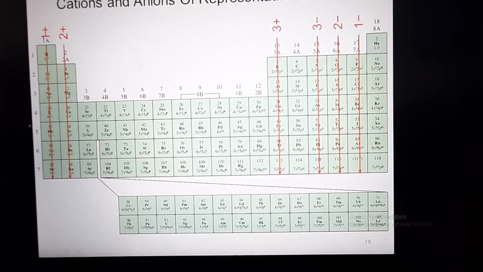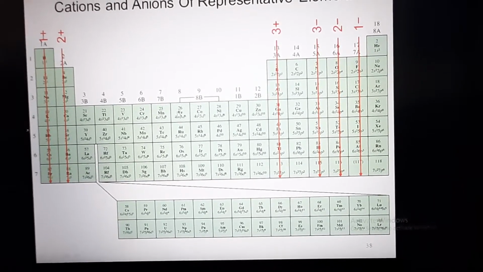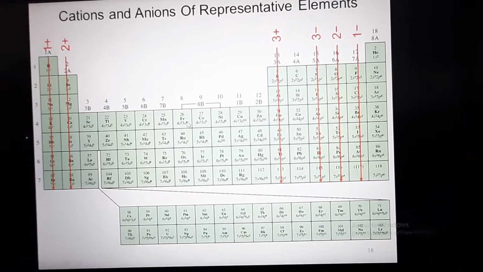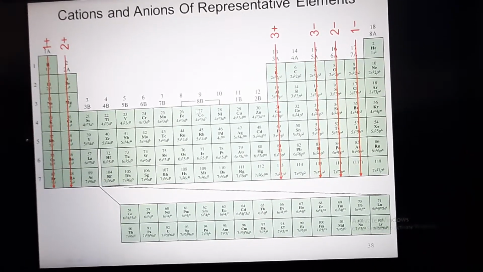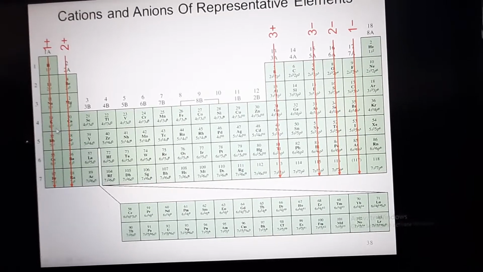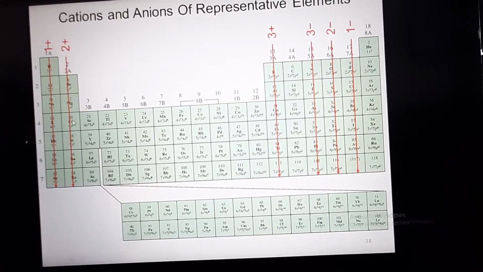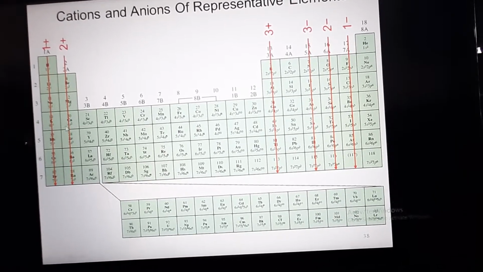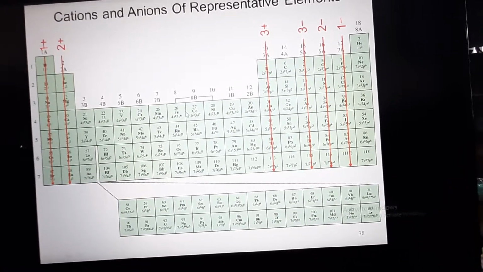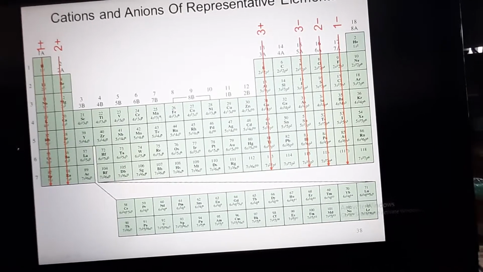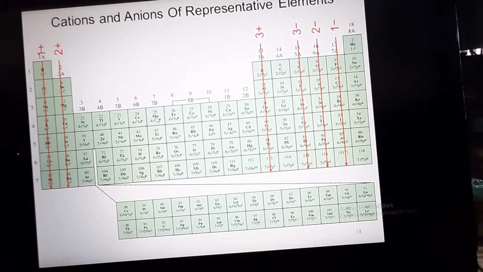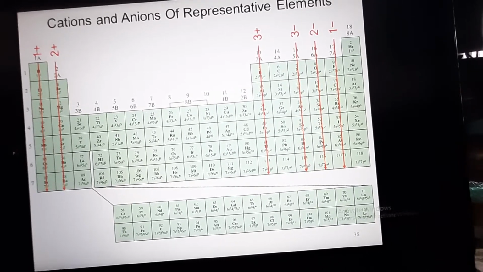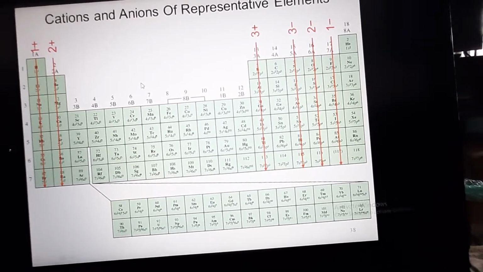So because of that, iron, for example, will take a 2 positive or a 3 positive charge depending on the situation. It can take 2 positive because it wants to lose these 2s electrons, or it can take a 3 positive because it loses those 2, and then it loses an additional one, so it will have a 5 electron d shell, which means it's half full. And remember, that is the next best thing to full or empty.